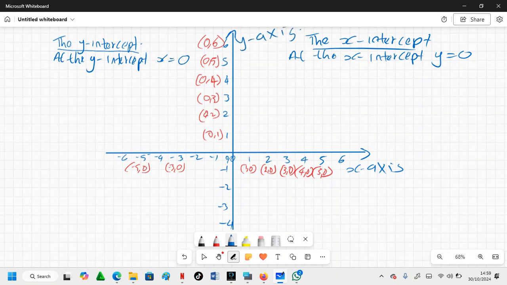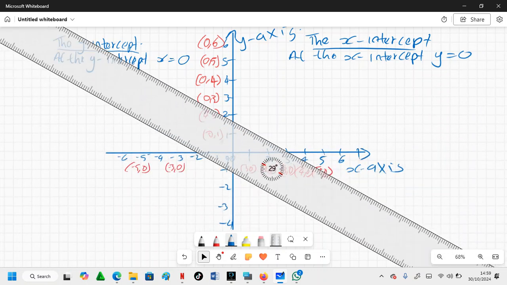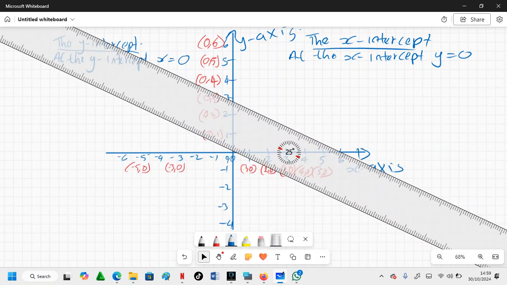We said that any point on the y-axis is the y-intercept, and any point on the x-axis is the x-intercept if a line touches that point.